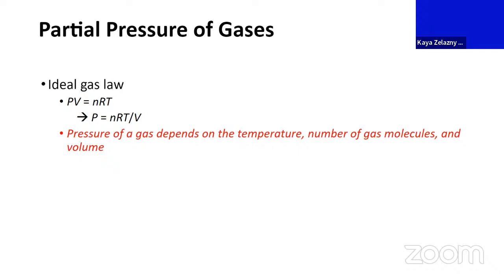This also points out to us that the pressure of a gas is going to be dependent on the number of the gas molecules, that's our N. It's going to be dependent on the temperature, that's the T. There's a constant in there, that's the R part, right? And then we also have that volume of the container in here, that's the V, right? So if we reshape this equation to look just at the pressure, those are the things we would factor in.